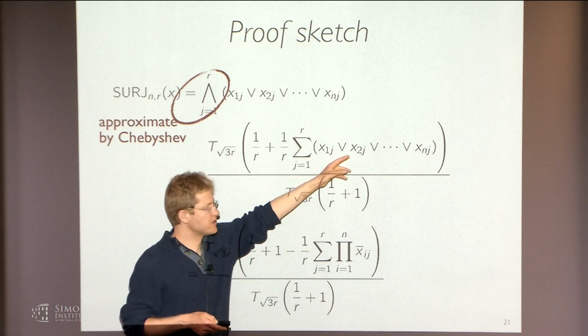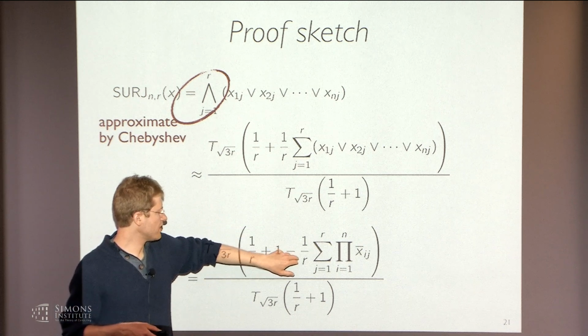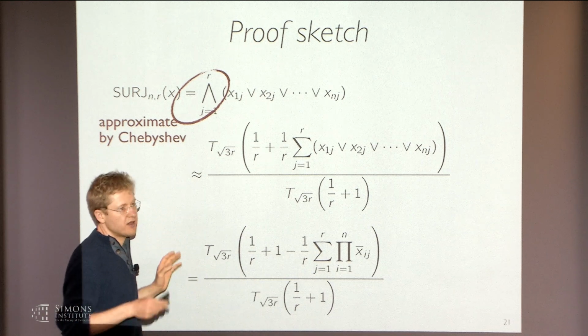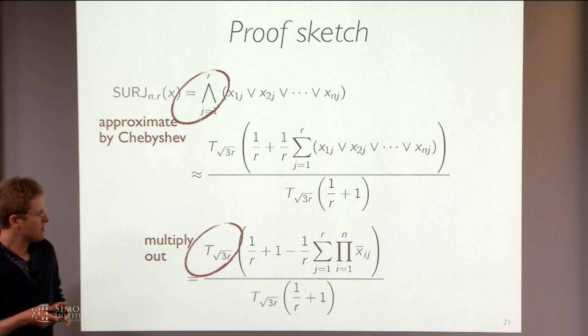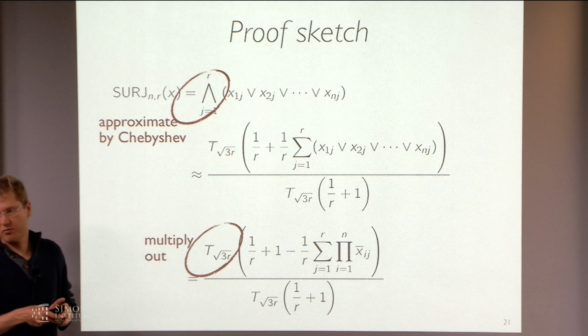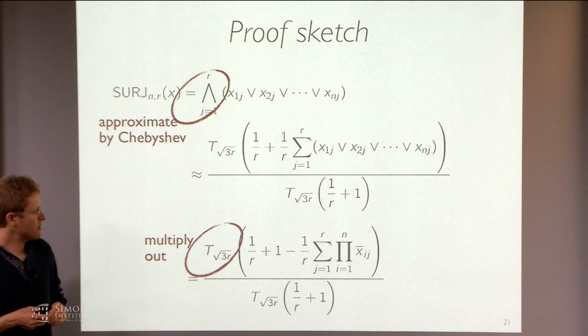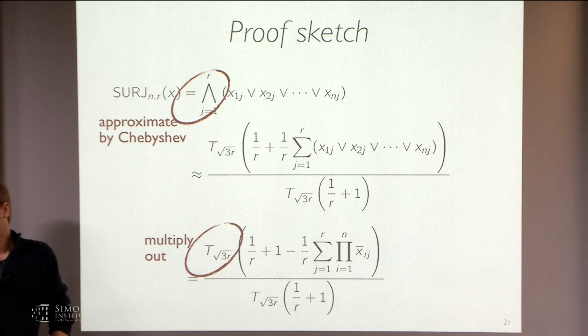Well, let's first flip them so that they're monomials. I'm going to use De Morgan's law to switch them to monomials. And now I'm going to multiply this out. Now the coefficients of the Chebyshev polynomial are bounded by 2 to the degree of the Chebyshev polynomial.